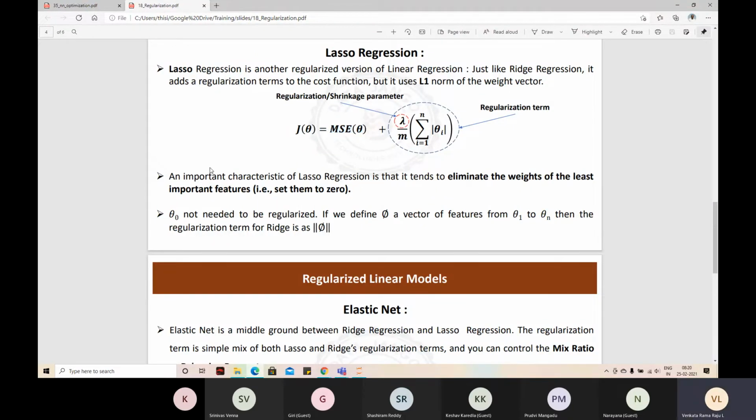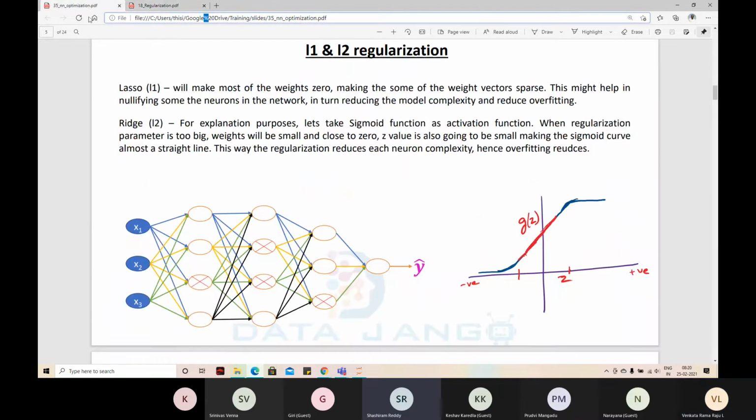Kernel regularization is fine, but activation. See, kernel regularization, you are taking all the weights here, all the weights here, all the weights here, and then doing absolute or squared, depending on L1 or L2. Similarly, activation also, you will take all these, and then put them into the absolute or squared, depending on L1 or L2.